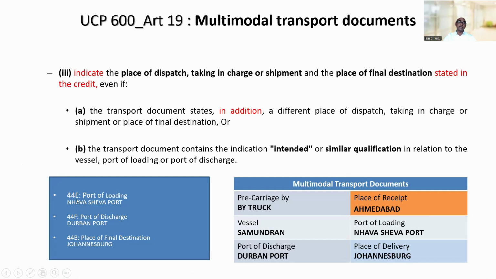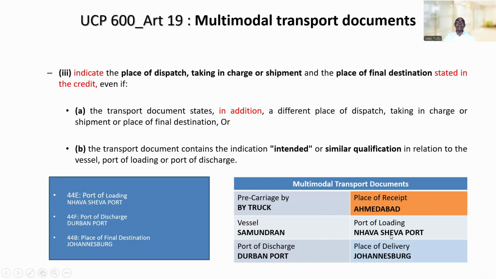Let us see. Here it starts with shipment by sea, Port Nhava Sheva, going to the port of discharge, Durban port, and place of final destination, Johannesburg. You have received this multimodal transport document. You can very much see that everything is complied, right? Port Nhava Sheva, port of loading, port of discharge, Durban port, place of delivery, Johannesburg.